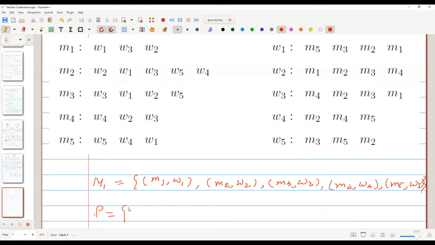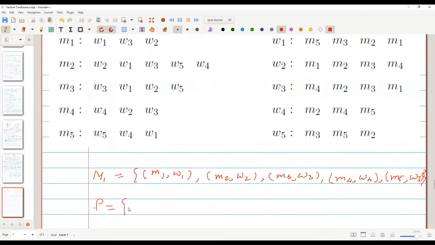Yes. So M1W2 will, I think. So what are the couples in the rotation?